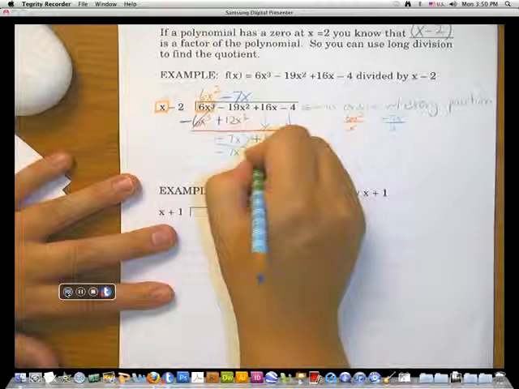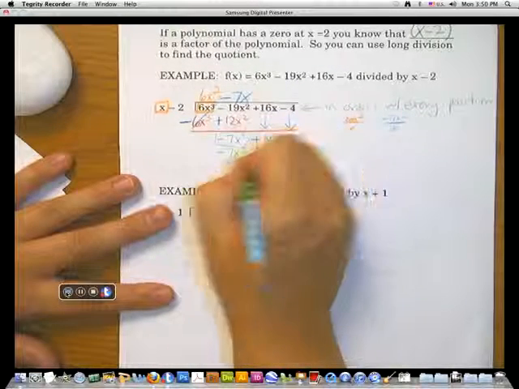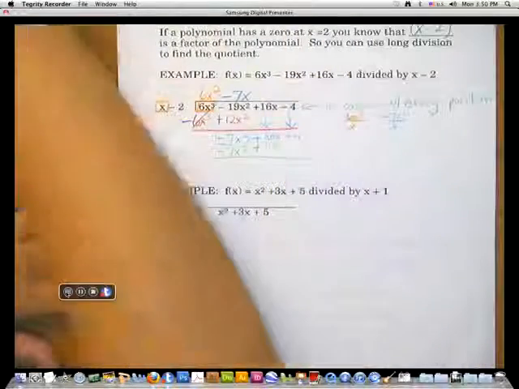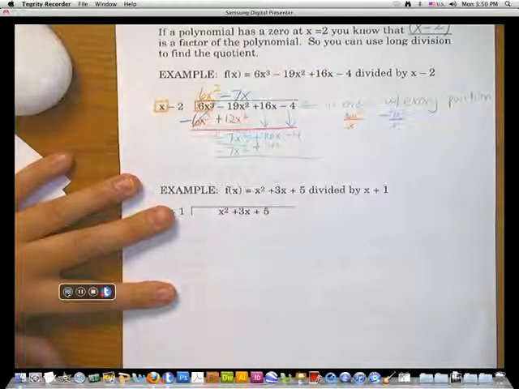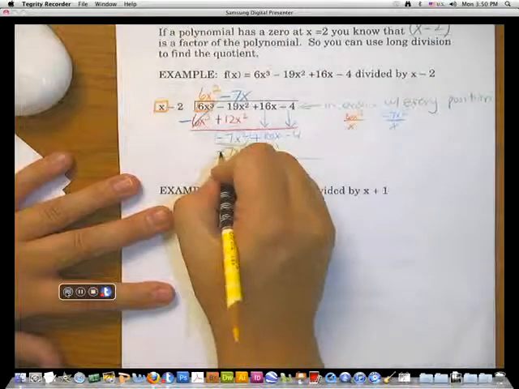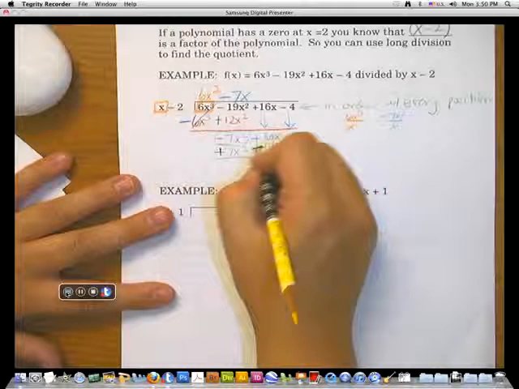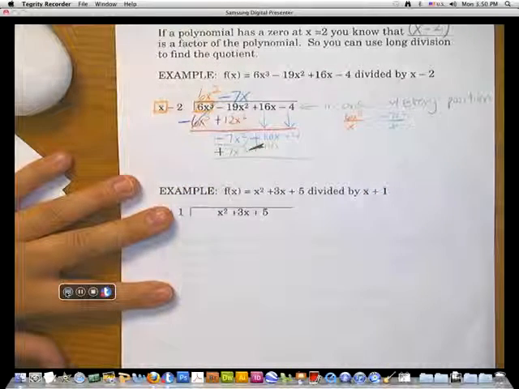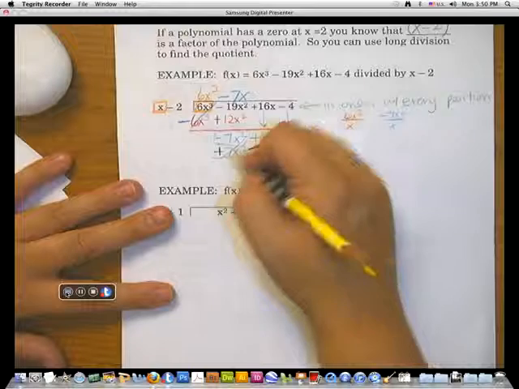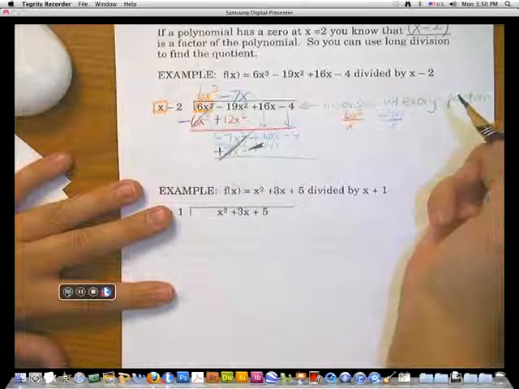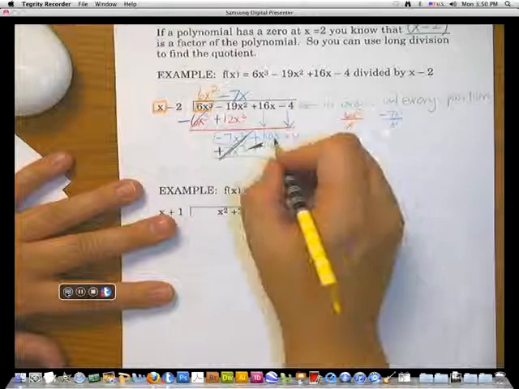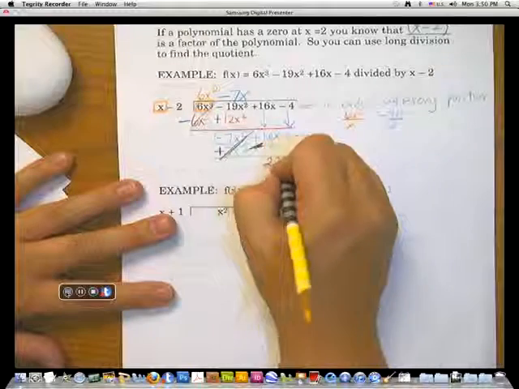Negative 7x and negative 2 is positive 14x. Switch my signs, because when I subtract everything, subtracting means switch signs. First one goes away. It has to go away, or you did something wrong. So 16 minus 14 is 2x.